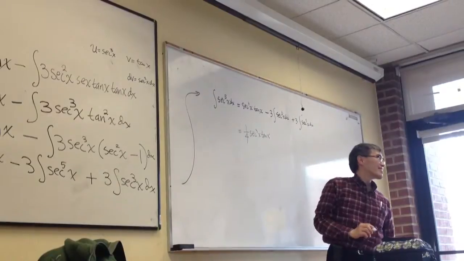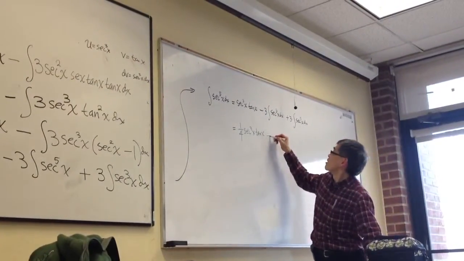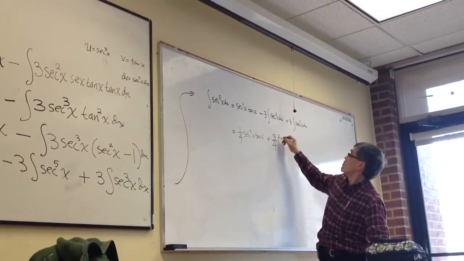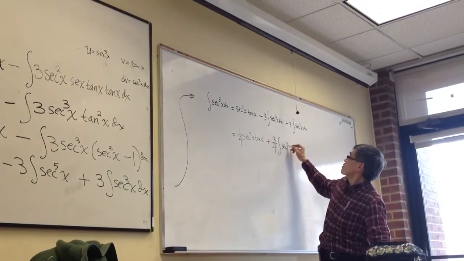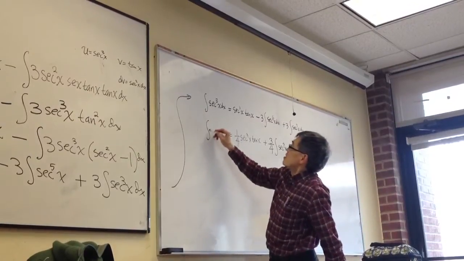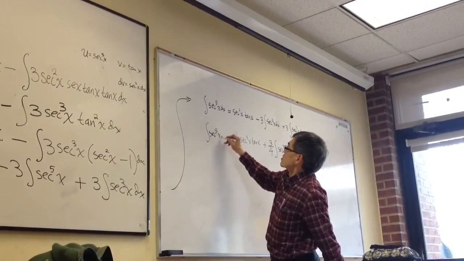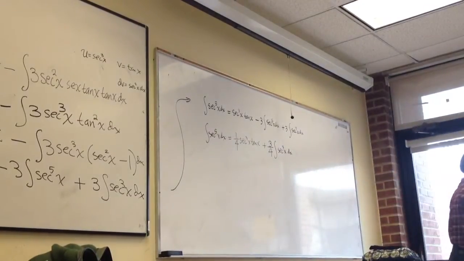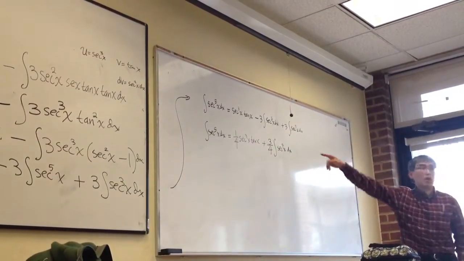Correct? Right? And then what? Plus 3, also divide by 4, secant third power x dx. And that is the secant fifth power dx. So I managed to reduce this to something which is lower power.